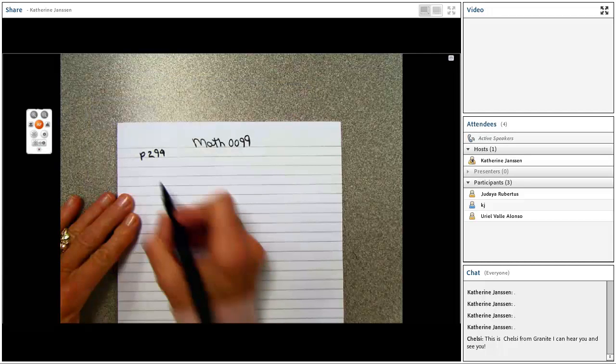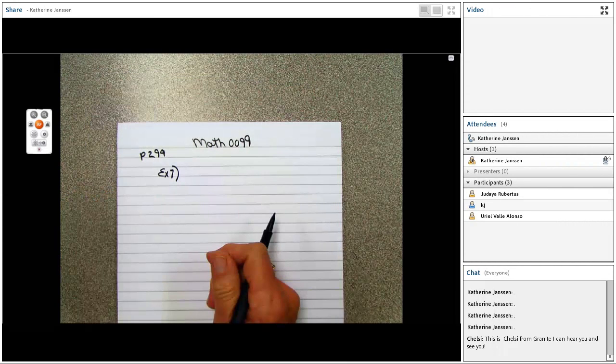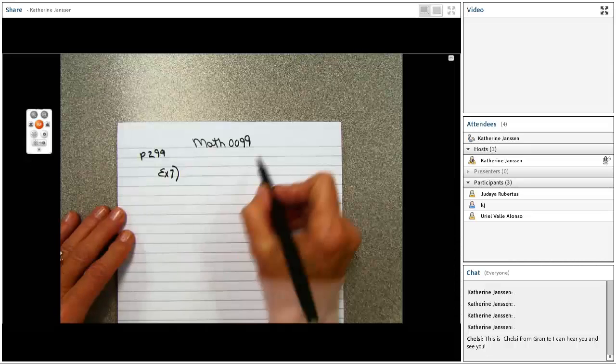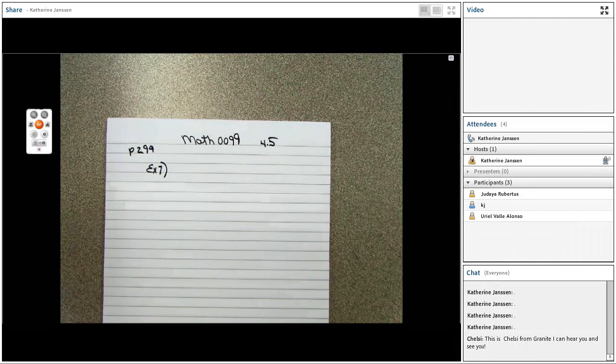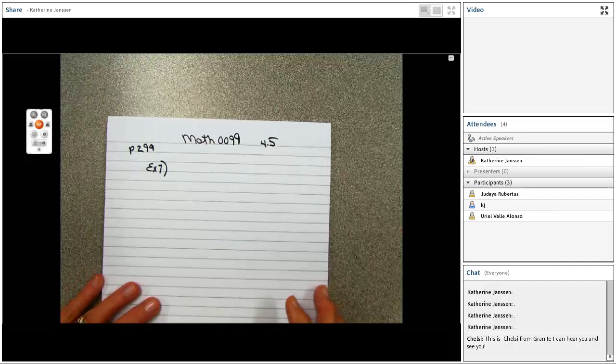Okay, example 7 on page 299 in section 4.5. We've been working with polynomials in addition. We might add a monomial to a binomial plus a trinomial or a polynomial. So we're looking at our terminology and manipulating with addition, subtraction, and now we've been experimenting with multiplication.